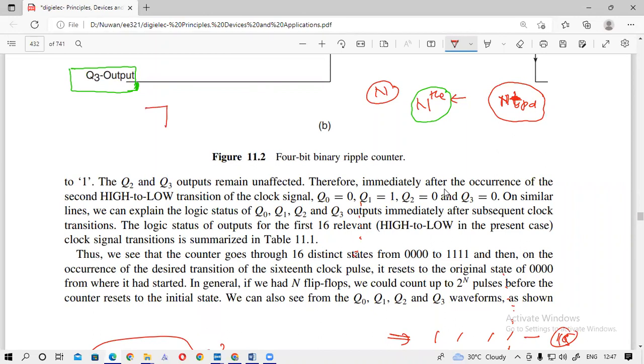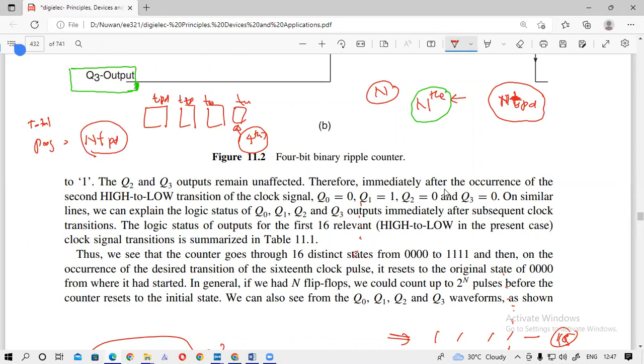If you have n bits, for example 4 flip-flops, and the propagation delay in one flip-flop is TPD, the total propagation delay will be N TPD. It affects the 4th flip-flop, the most affected one. So always consider the total propagation delay, which is the worst case.